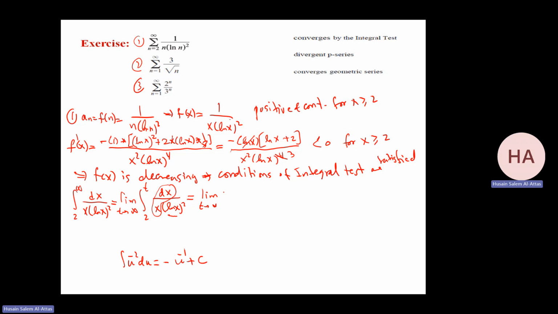So I need minus u, which is ln x to the power minus 1. Let me say 1 over ln x, to make it easier. So I have minus 1 over ln x from 2 to t. Instead of changing t and changing these limits, I can do it quickly like this. And that will be the limit as t goes to infinity of minus 1 over ln t plus 1 over ln 2.